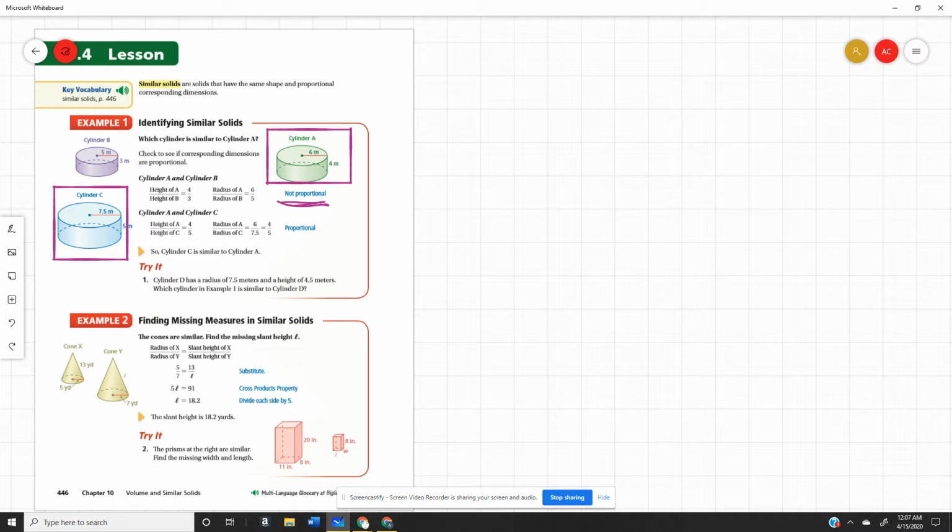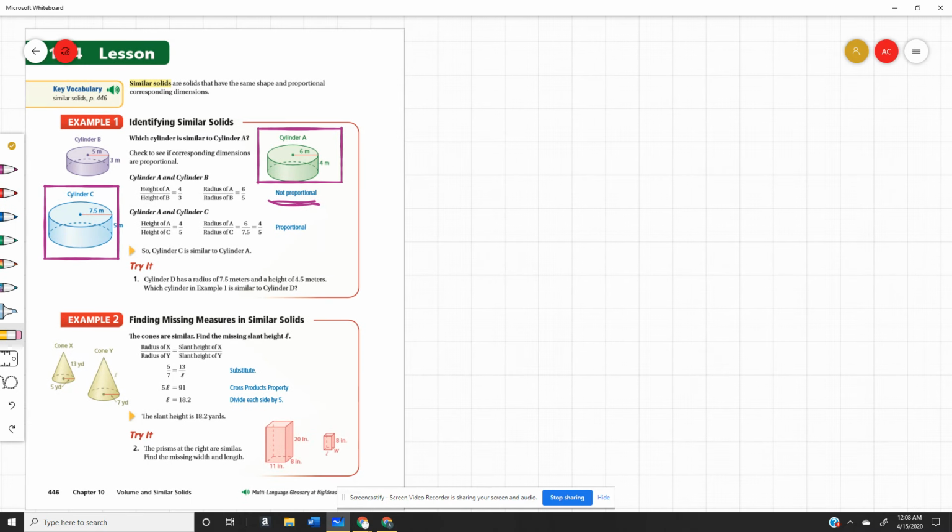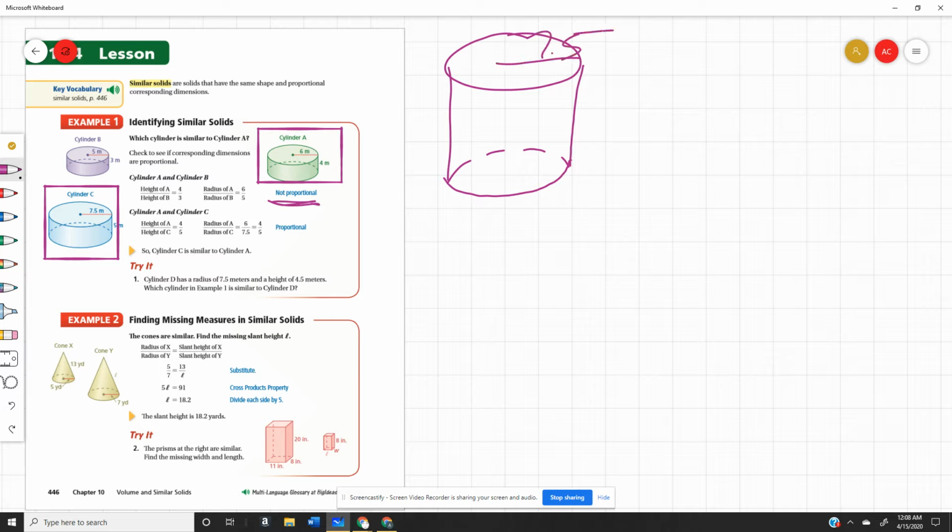All right. So let's look at the try it. It says cylinder D has a radius of 7.5. Here's my cylinder. It's not perfect, mine never are. So it has a radius of 7.5 and a height of 4.5.